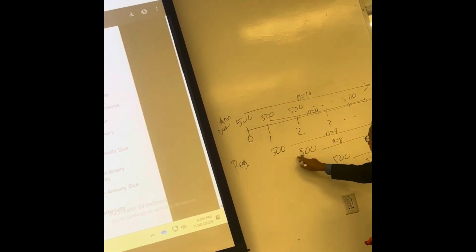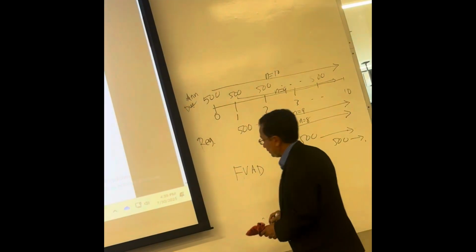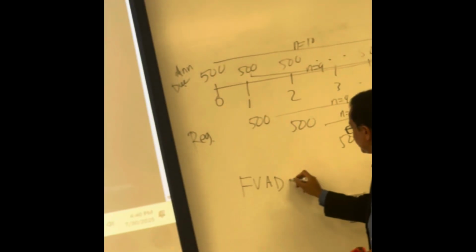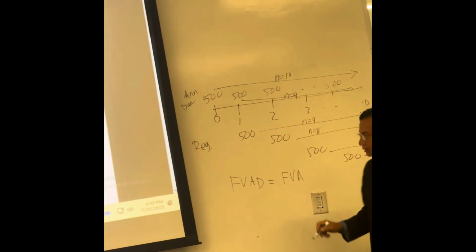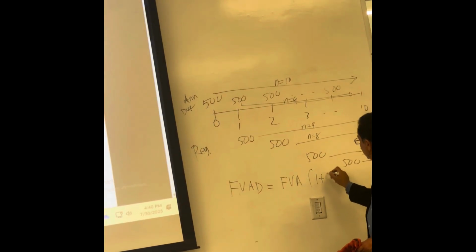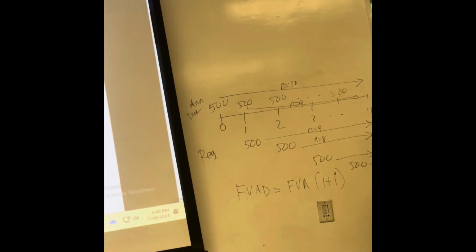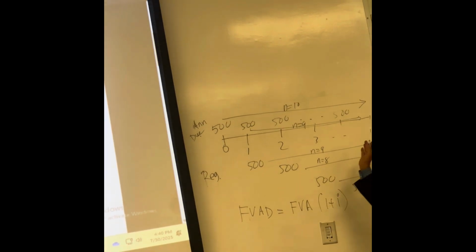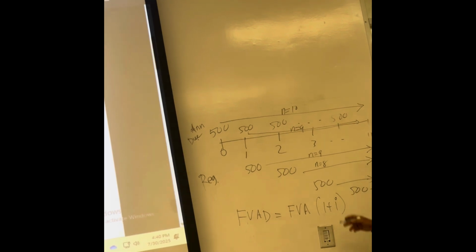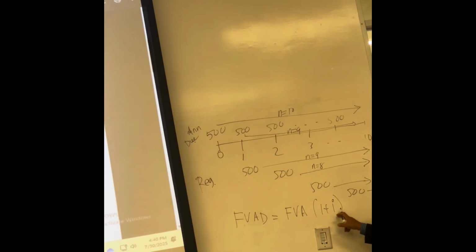Every amount that we are investing with annuity due, D for due, would be equal to the future value of the regular annuity, FVA, times 1 plus the extra period return, times 1 plus I. So FVAD, because the payments are made one period early, will earn return for one period. And we do that by multiplying this by 1 plus I.